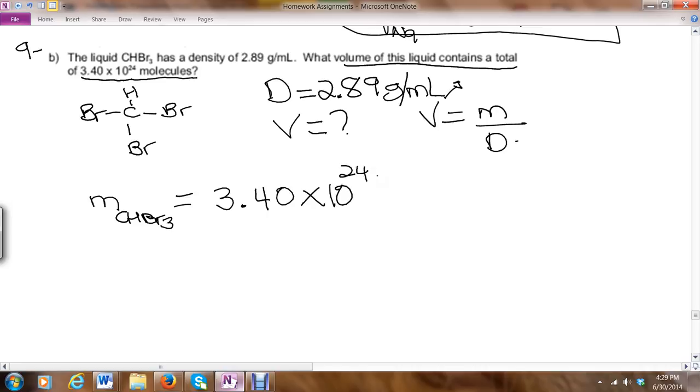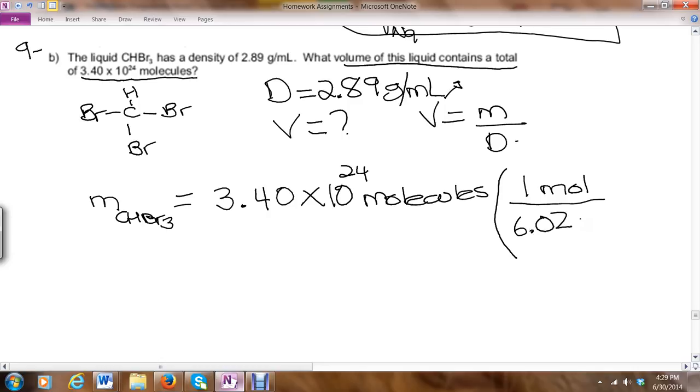Then we do the conversion with Avogadro's number, dividing by Avogadro, because in 1 mole of a compound you have 6.02 times 10 to the 23rd molecules. You see, this is how the molecules cancel out.